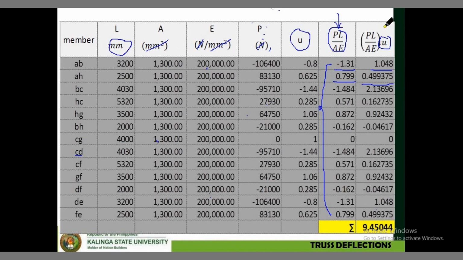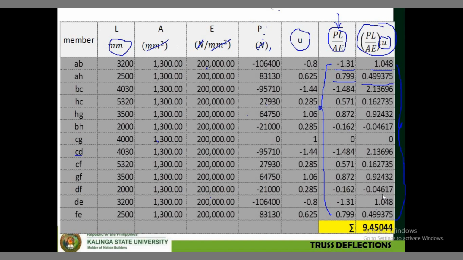After na nakuha ko yung value ng PL over AE times U, take again the sum of all of these. Ang lumabas sa calculator ko nung pinag-add ko from 1.048 hanggang kay 0.499375 is equal to 9.45044.